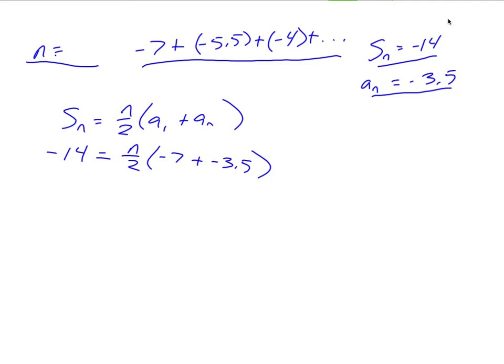All right, now what? Multiply by 2. And negative 7. I didn't do that right. Something's not right. I didn't write the problem down right somehow. That 3.5 is supposed to be positive.